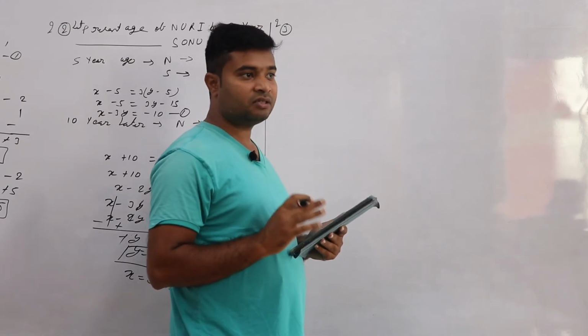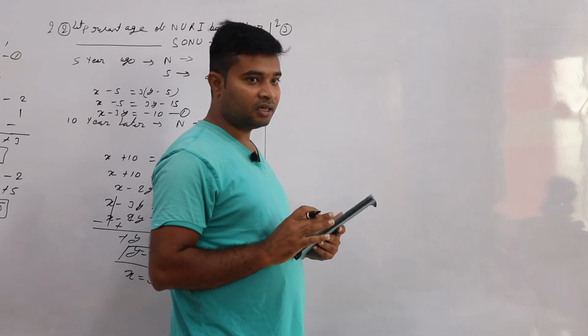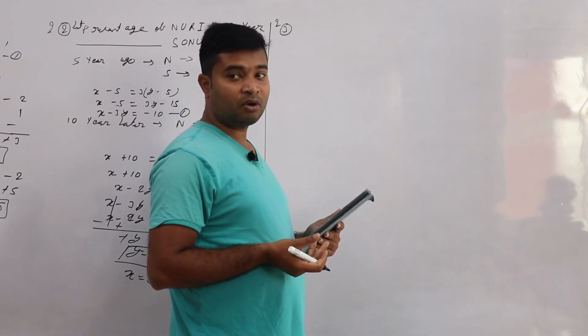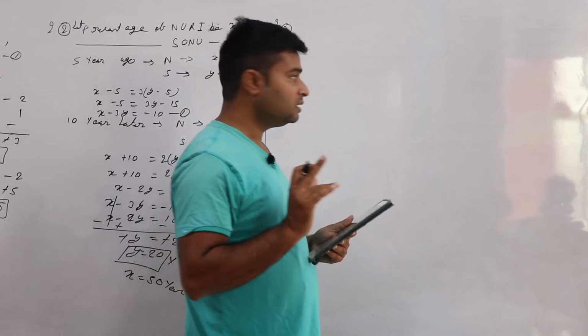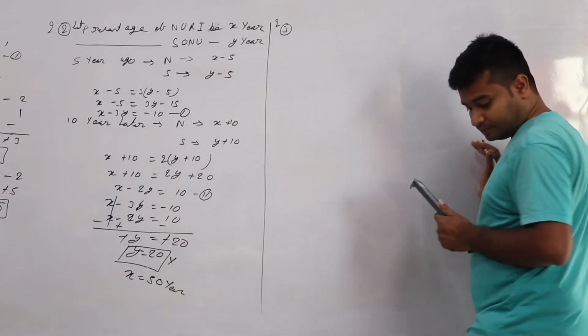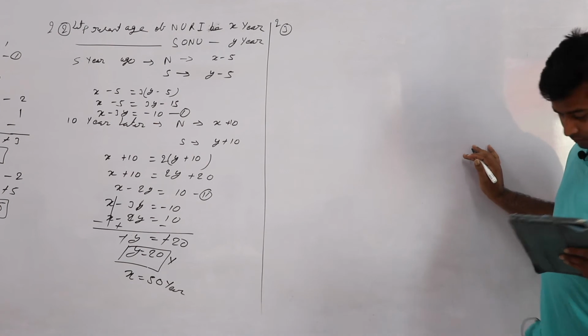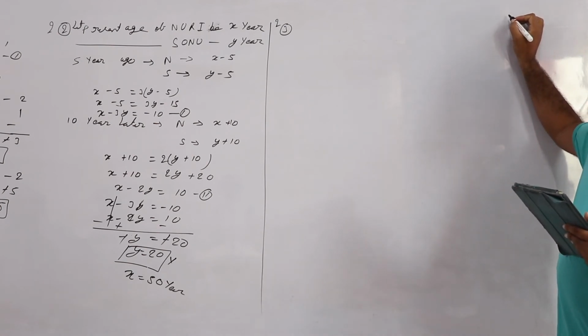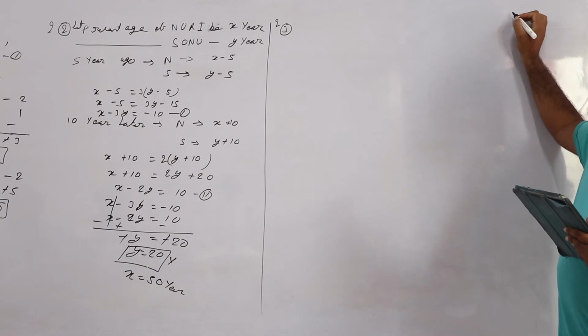Question number 3 is saying: sum of digits of a 2-digit number. Sum of digits means what? Try to understand. Say any 2-digit number, 12.